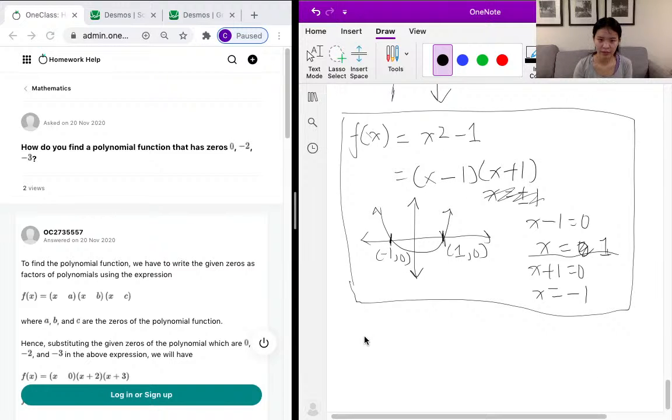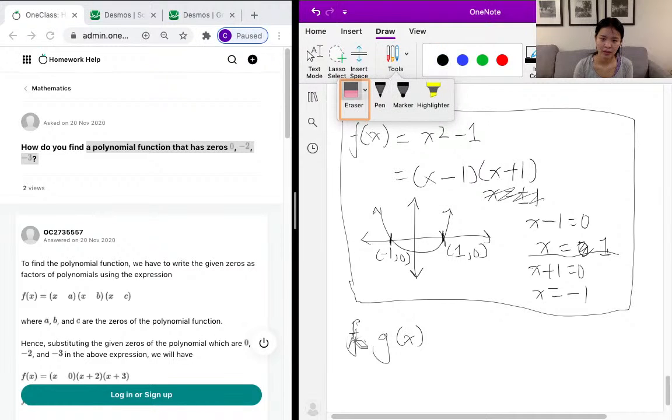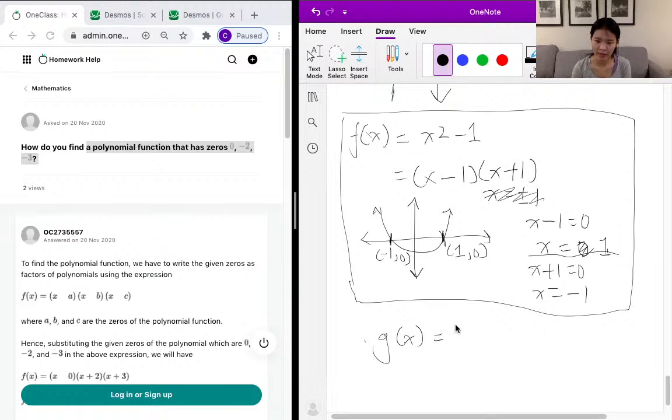Okay, so similarly, for our current question, how do we find a polynomial function that has those zeros? All we gotta do is, let's just say our function for this solution is g of x. We need to find a function that has zeros -2 and -3.